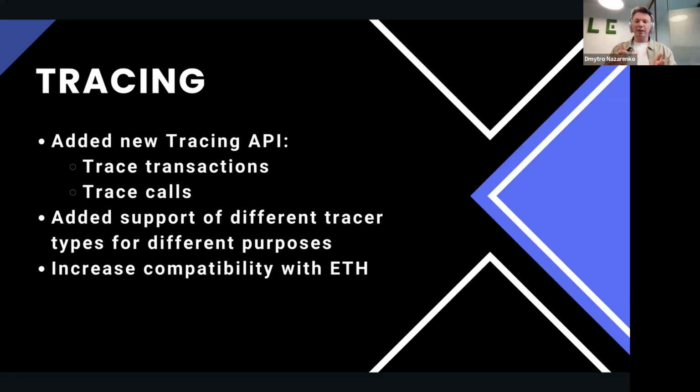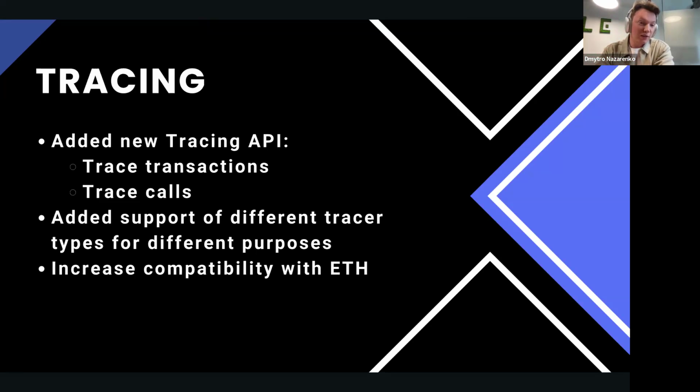For example, if you need more detailed info, you can put in specific tracers that trace all information about the transaction, all information about the opcodes, and so on. If you just need to know some transfers, some internal calls, you can put in the call tracer, and that's it. Also, this increases compatibility with Ethereum mainnet a lot.